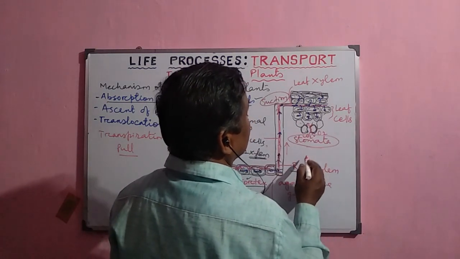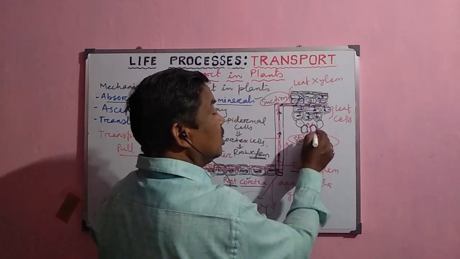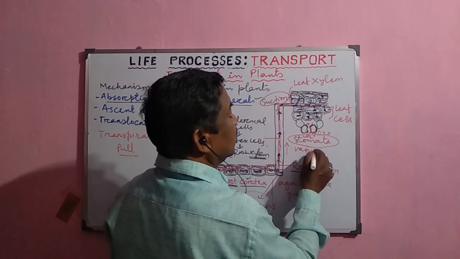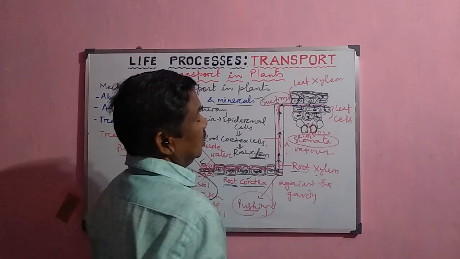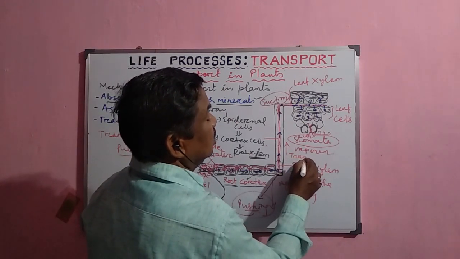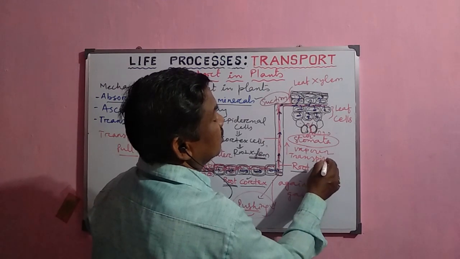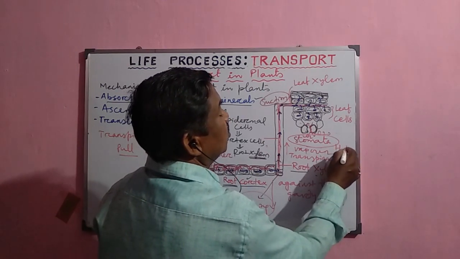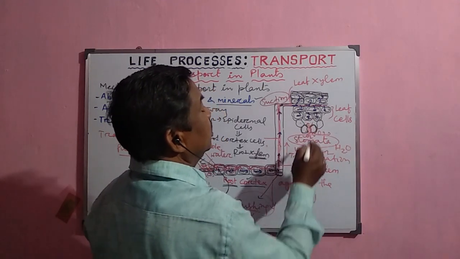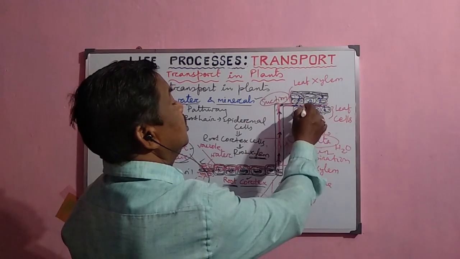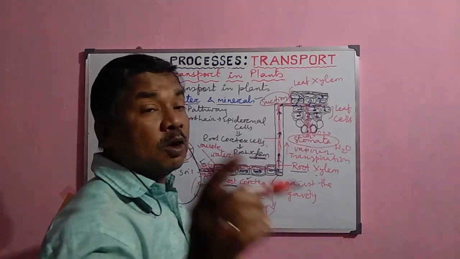Through the stomata, the water is lost to the environment in the form of vapor. That is why it is called transpiration, because in the process of transpiration, loss of water occurs in the form of vapor. It is released to the outside, and it is directly connected to the xylem of the leaves.